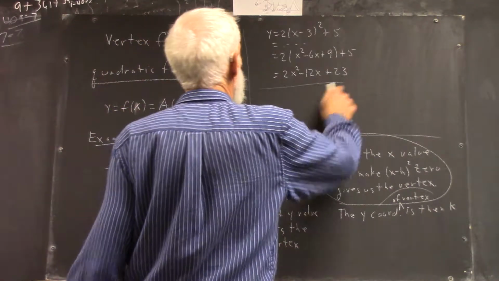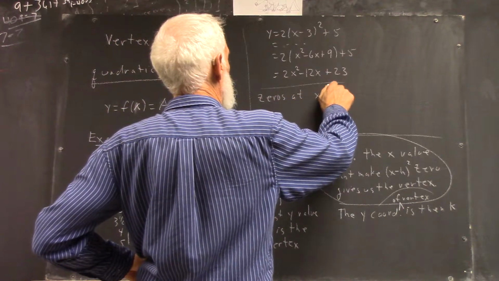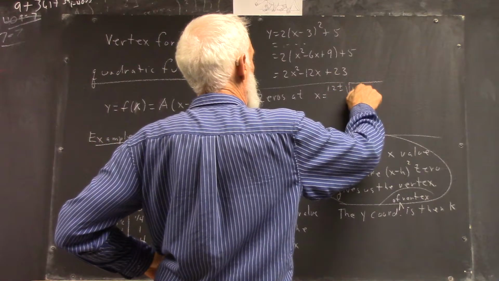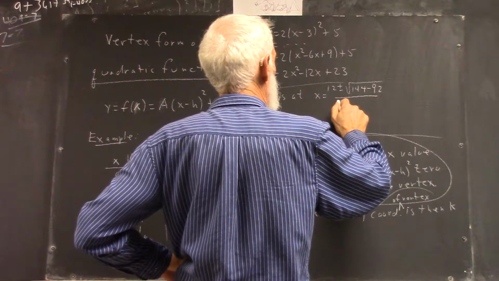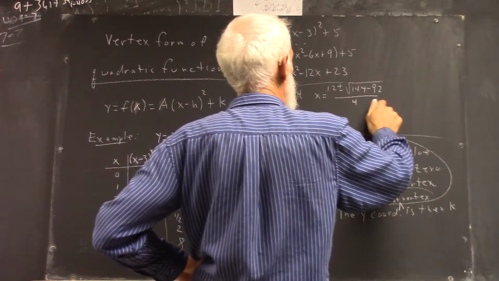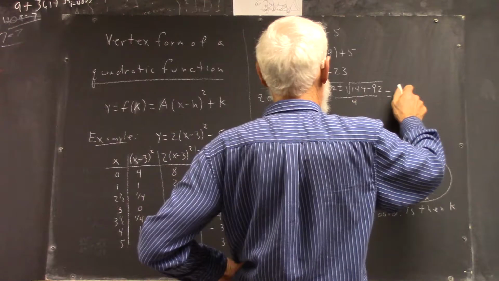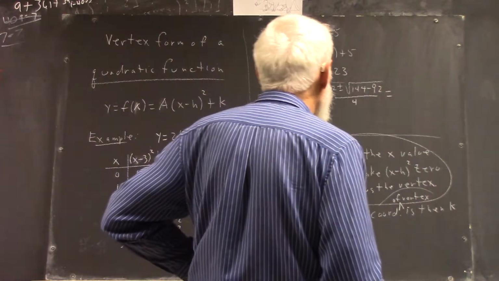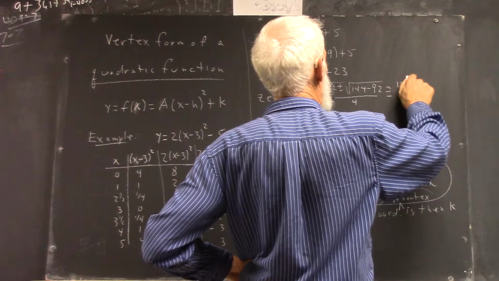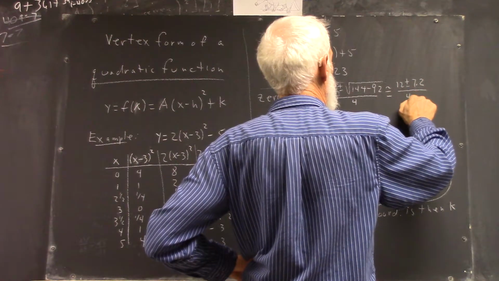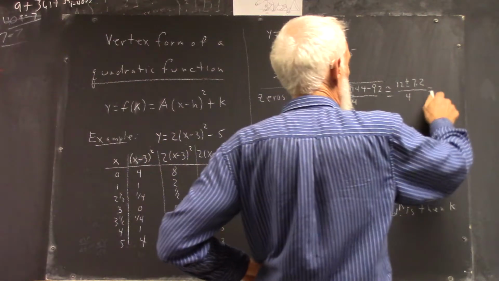So, 144 minus 92 is 52. The square root of 52 is about 7.2. 12 plus 7.2 is 19.2, which gives us about 4.8.